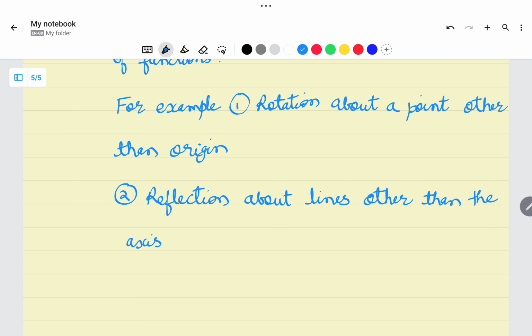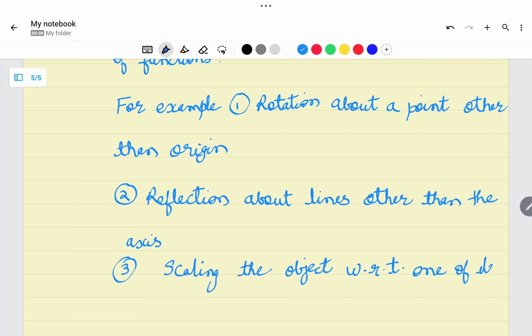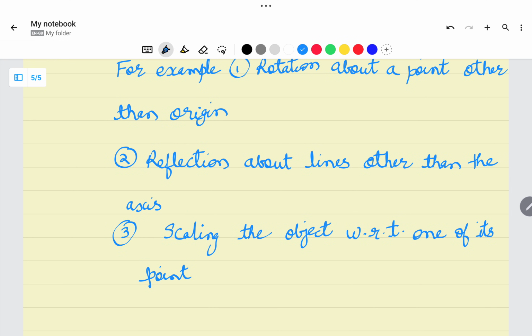Or scaling the object with respect to one of its points. Let's say center. So Sx, Sy with respect to the center of the object.